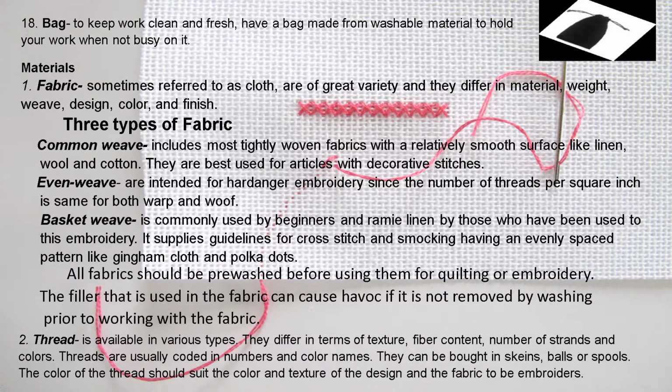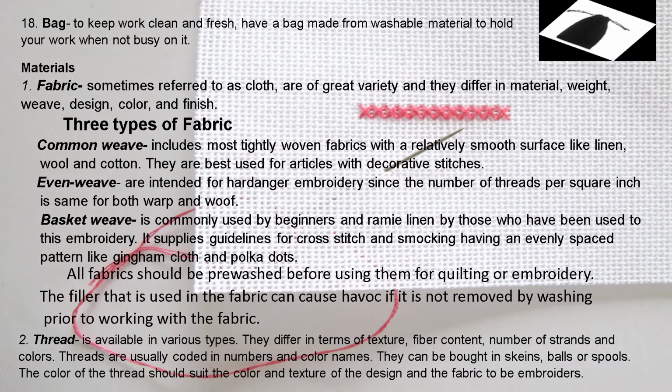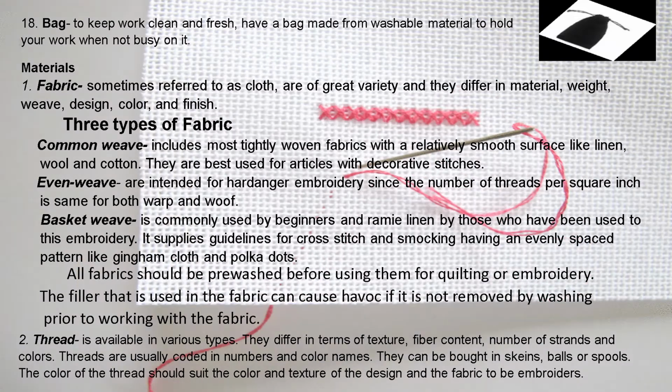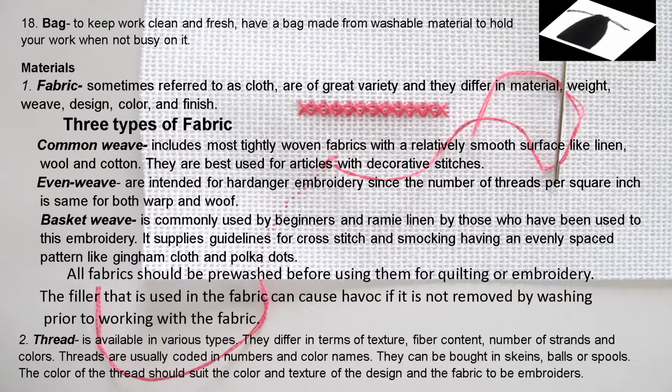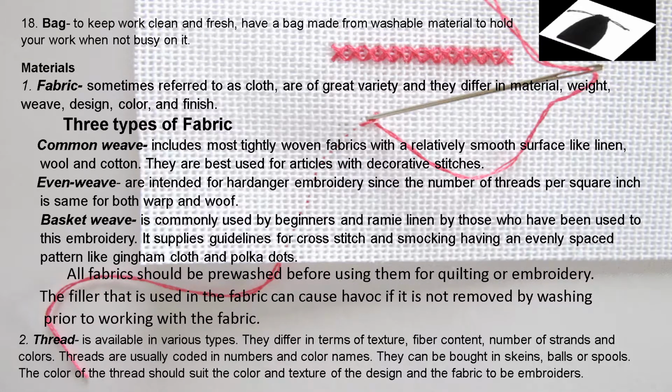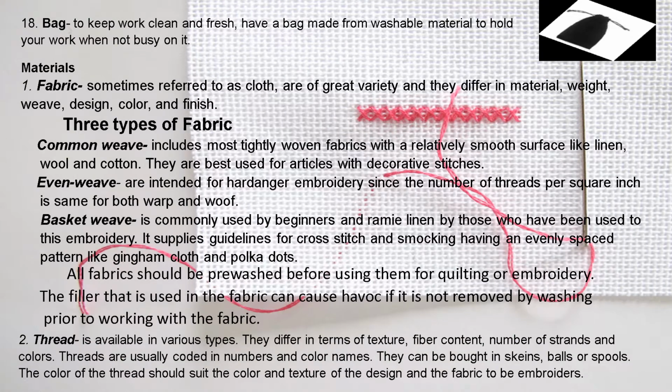They are best used for articles with decorative stitches. The second type we have is even weave, intended for hardanger embroidery since the number of threads per square inch is the same for both warp and woof.